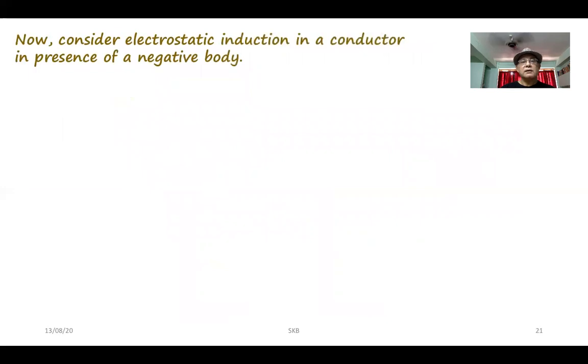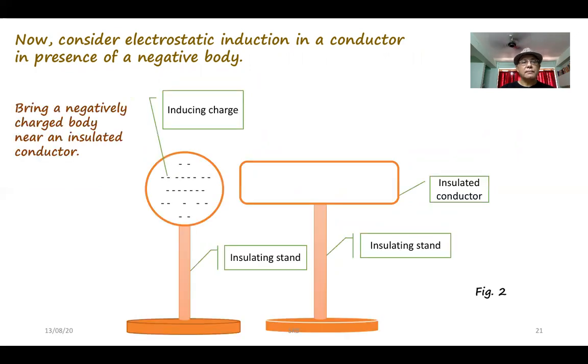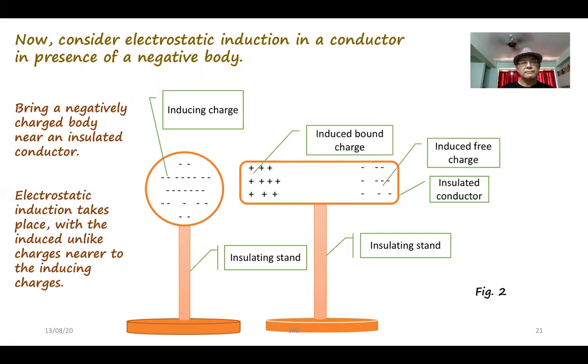Now consider electrostatic induction in a conductor in presence of a negative body. Bring a negatively charged body near an insulated conductor. Electrostatic induction takes place with the induced unlike charges nearer to the inducing charges.